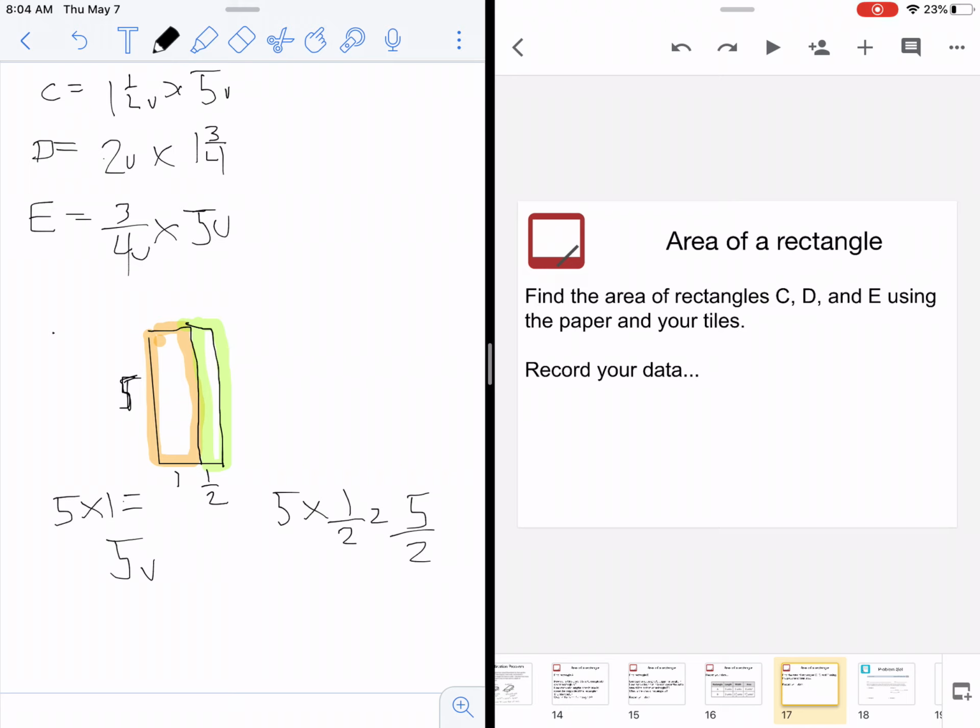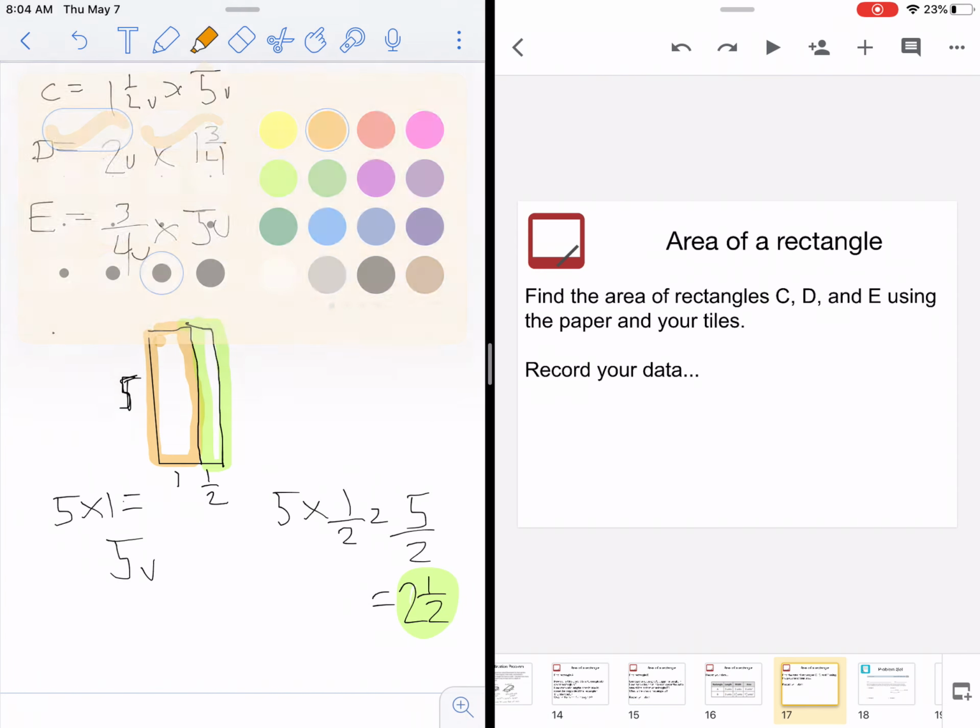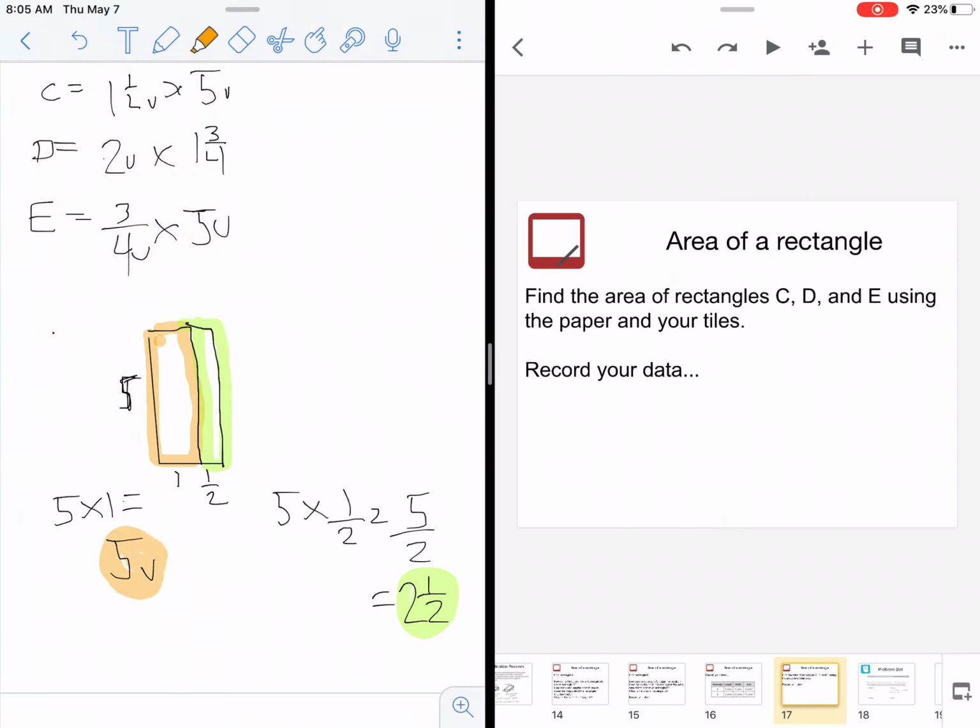Okay, 5 halves is the same as 2 goes into 5, 2 times 2 is 4, plus 1/2 is 5. So now we're going to add 2 and 1/2 together. That's the area of the green, plus 5, which is the area of the orange. So 5 units plus 2 and 1/2 units gives us 7 and 1/2 units squared. There's our answer for C. Seven and 1/2 units.